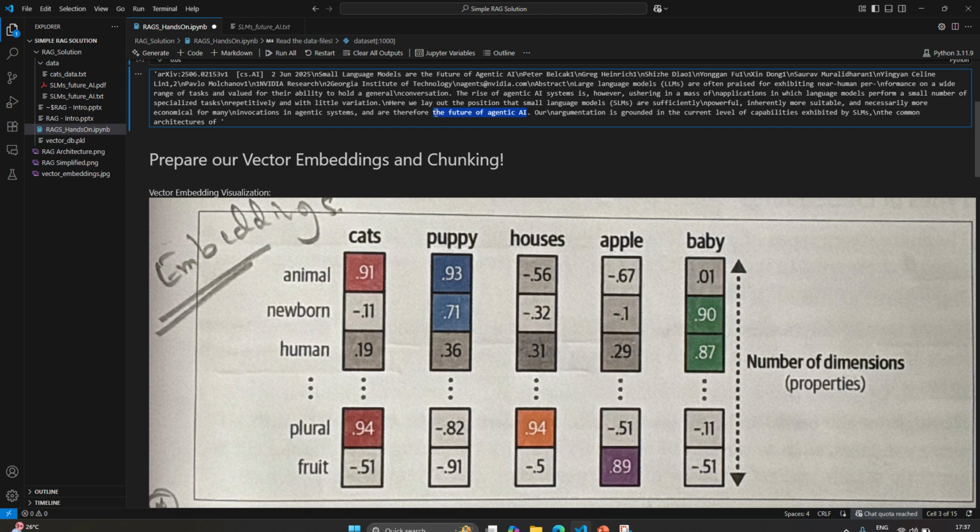Now if you look at this highlighted section, the future of agentic AI, and interpret it in terms of embeddings, it is broken into 5 different words. Let's pick one word, AI. It can never be an animal, a newborn, or a human.